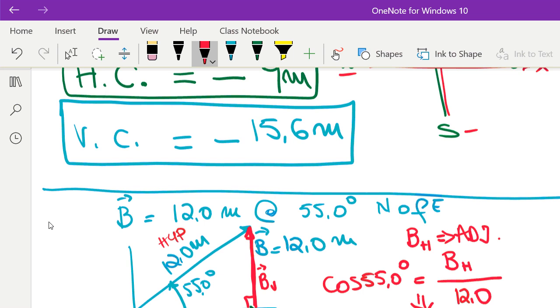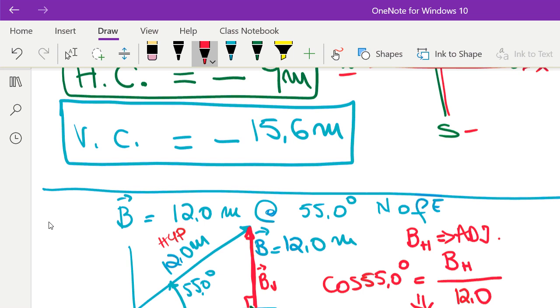If we leave it like this, then we are not describing it as a vector quantity. But when we add the positive sign, then we are describing it as a vector quantity. And this is the proper way of finding the components.